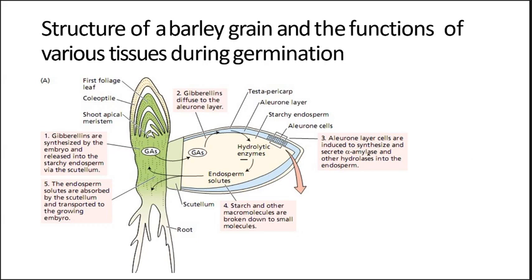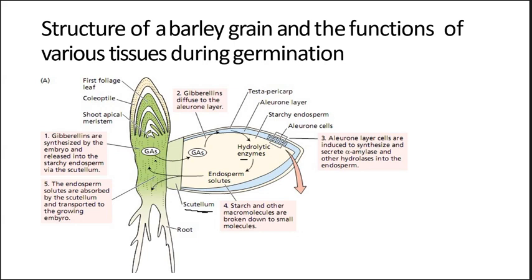So what happens here? I'll first give you an idea about what each of the organs is. So this is the scutellum. What is the scutellum? It is a specialized organ and its function is to solubilize the food reserves. The scutellum solubilizes the food reserves from the endosperm. See, this region is the endosperm. So the scutellum solubilizes these food reserves from the endosperm and transmits them to the growing embryo.